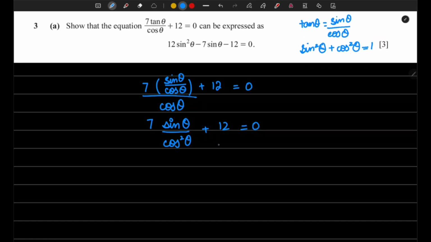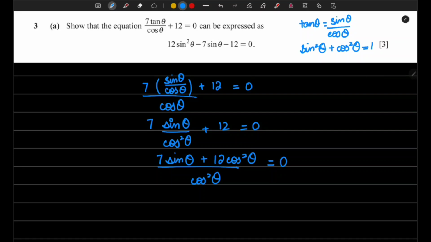Now we take cos square as the common denominator, so we can multiply the numerator and denominator by cos square theta, or directly do this. So it becomes 7 sine theta plus 12 cos square theta equals 0.